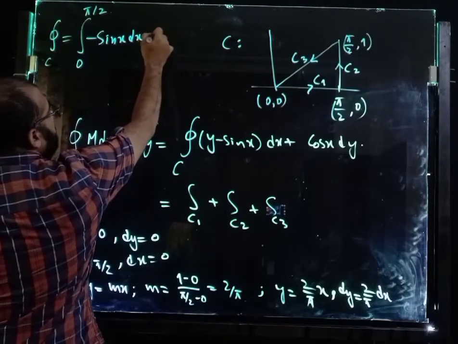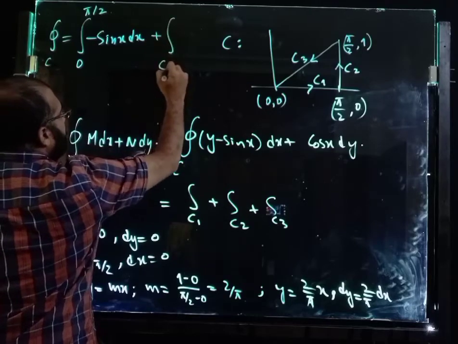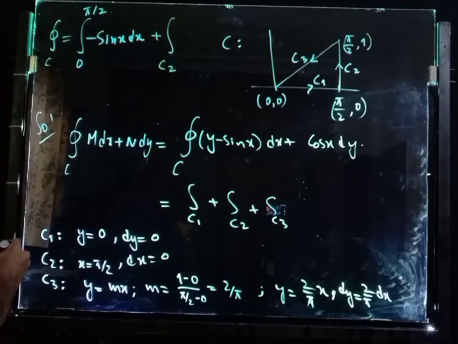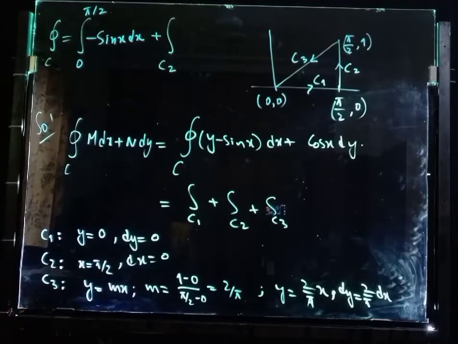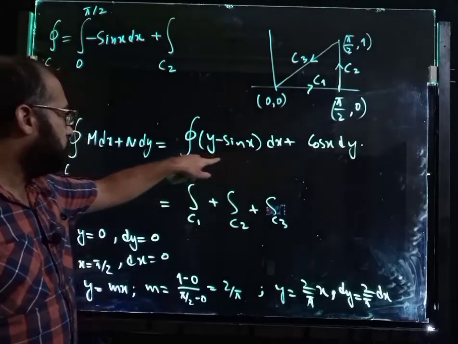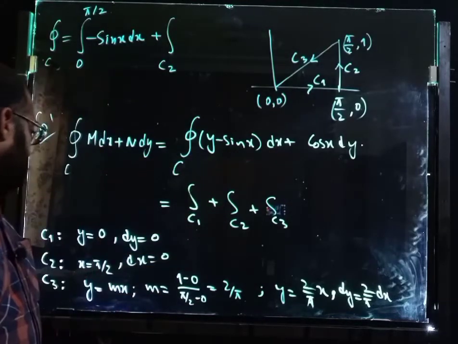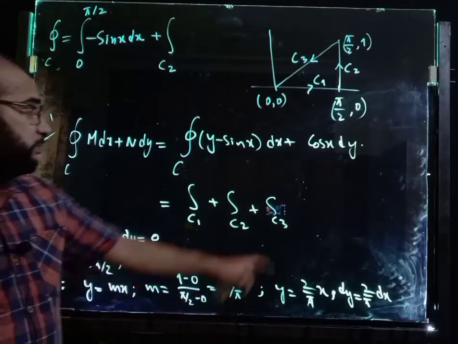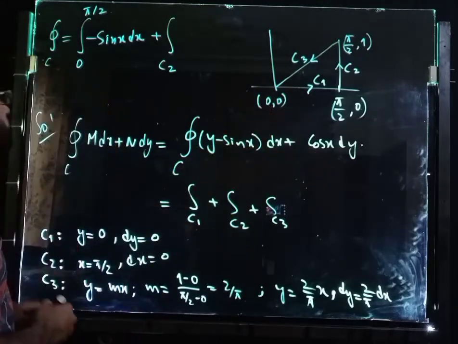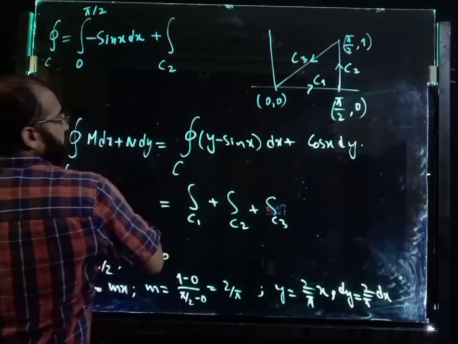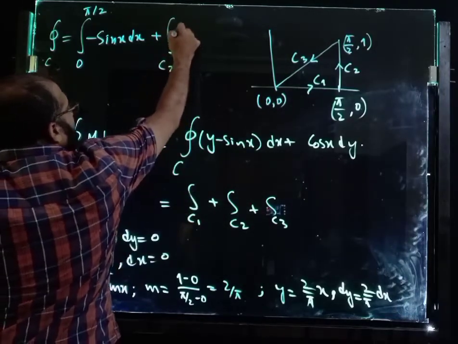For the curve C2, I can write x is pi by 2. So dx is 0, the whole factor is 0, and x is pi by 2, so at pi by 2 cos is 0. It means along the curve C2 there is nothing.